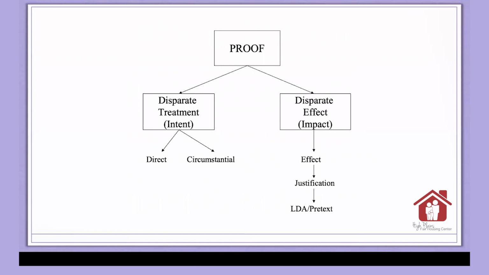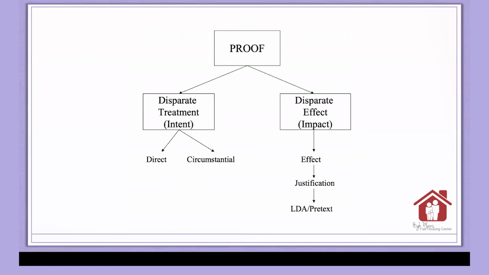Okay, back to our flowchart. I hope this has made more and more sense as we've gone through it. The disparate treatment method of analyzing a case is where you can show that the discriminatory housing practice was done with intent to treat people differently because of their membership in a protected category.